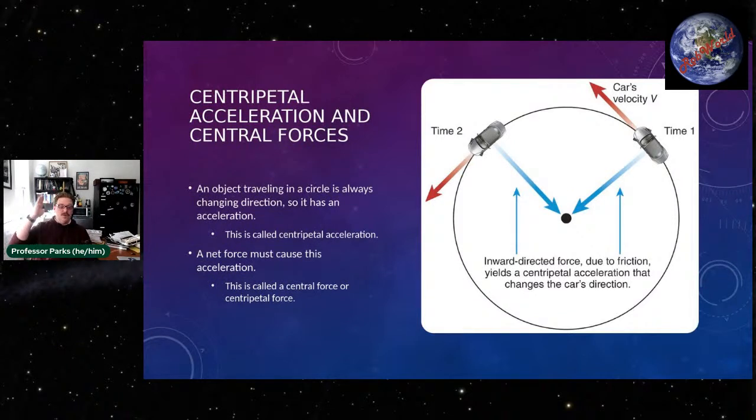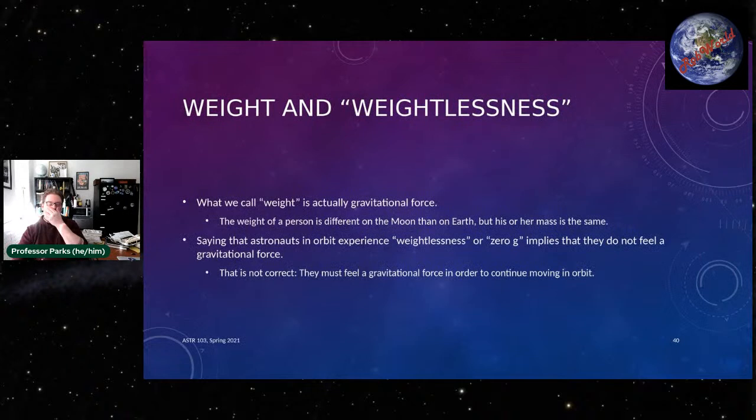That ball is going to move at a constant velocity. It's going to continue to move in the same direction, at the same speed that it had at the very instant that tension went away. So it flies off in basically a tangent direction. And so that's a central force. So gravity is a central force.